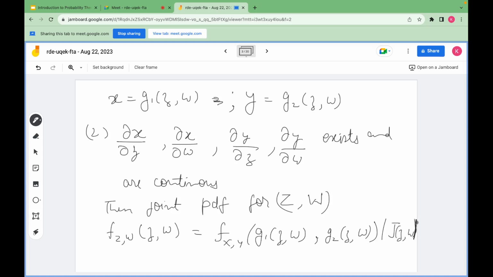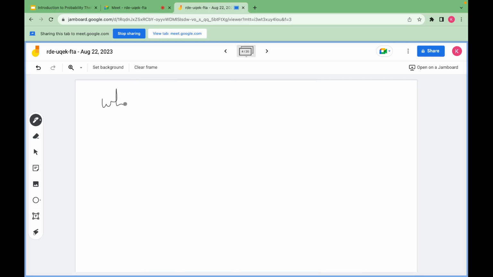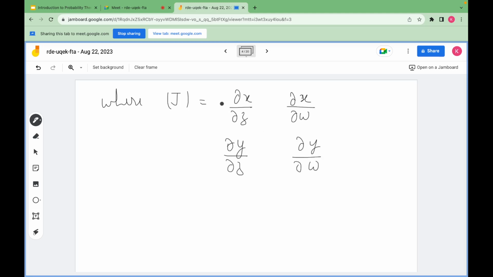This is a positive quantity, where the Jacobian is the determinant of the partial derivatives of the random variables x and y with respect to z and w, and this cannot be 0.